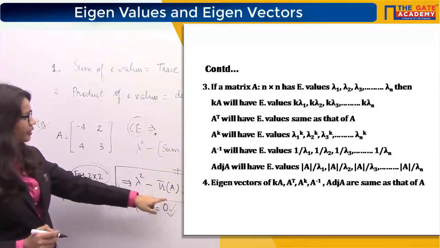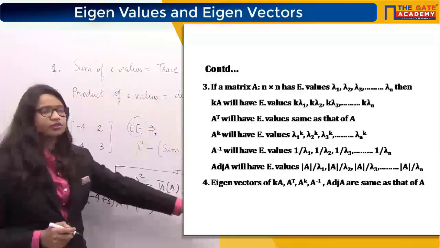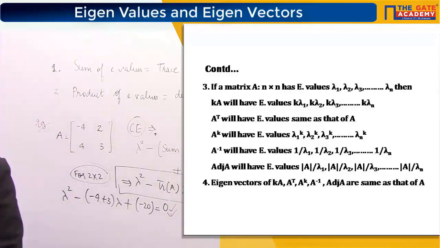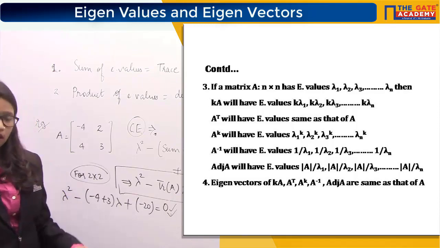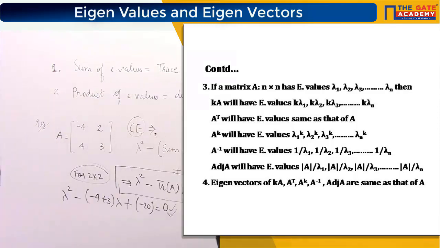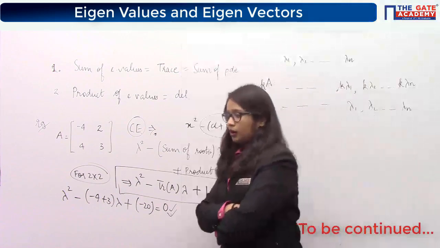So I have written down trace. Then product of roots means product of eigenvalues, that is nothing but determinant. Everyone please write it down. Properties are very, very important. Almost all of the questions based on these topics are solvable using properties only. It is that topic which you must remember by heart.